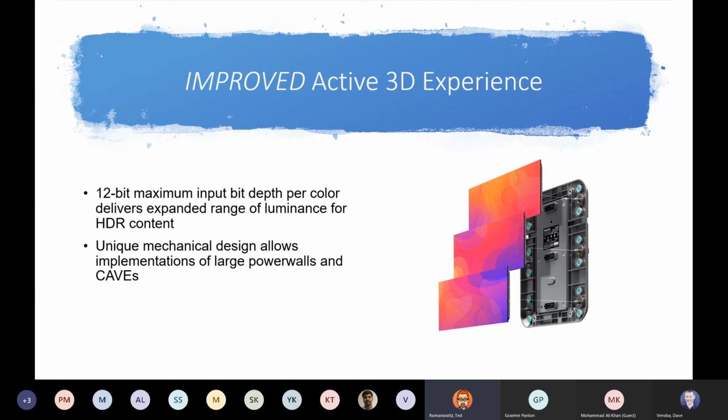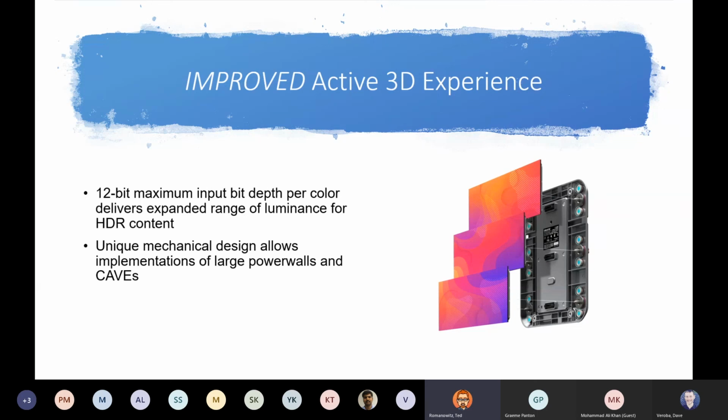And then finally, Dave talked about this a little bit, the unique mechanical design, the small tile size, the ability to do convex, concave, both inside and outside corners to 90 degrees. This amazing architecture, the cabinetless design, allows you to do really cool implementations like very large power walls and caves.